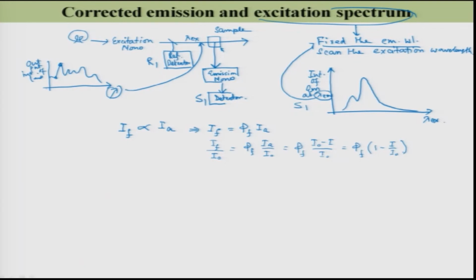And what do I know? I know log I0 by I equals epsilon CL, where L is the path length and C is the concentration. So, here I can write this equal to phi f into 1 minus 10 to the power minus epsilon CL.